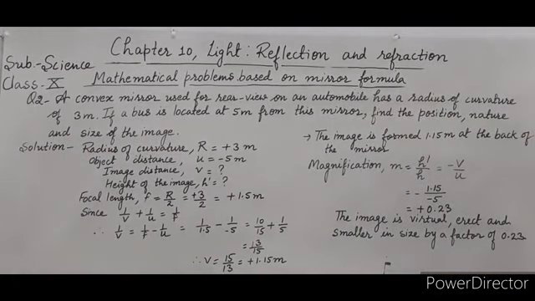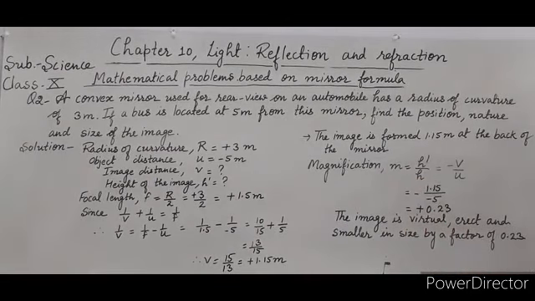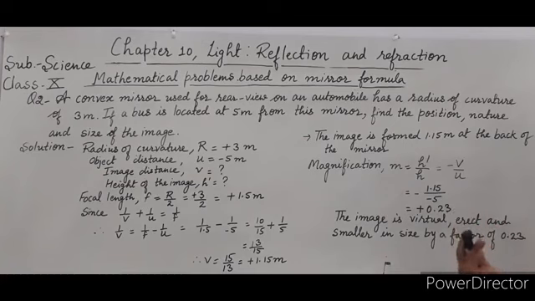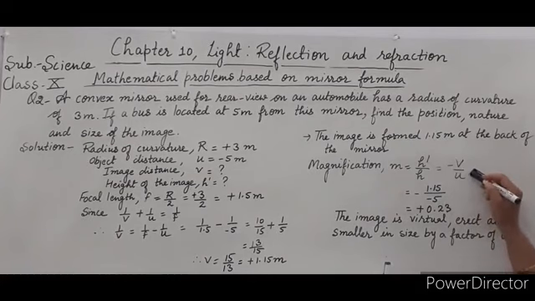Now magnification. Magnification, small m, is equal to h dash divided by h, or it is related to the object and image distance as minus v divided by u. By putting the values of v and u, we can calculate magnification.